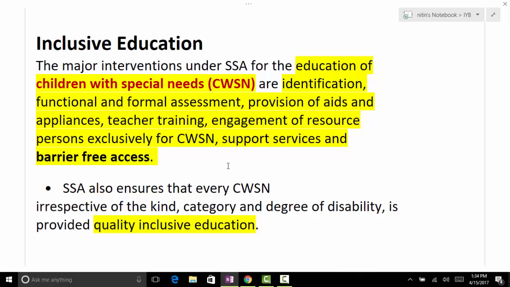You read it first, then we discuss: identification, functional formal assessment, provision of aids and appliances, teachers' training, engagement of resource persons exclusively for children with special needs, support services and barrier-free access. So one of the objectives is quality inclusive education.